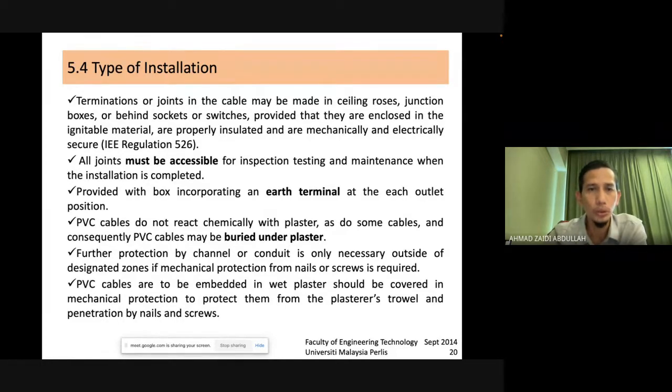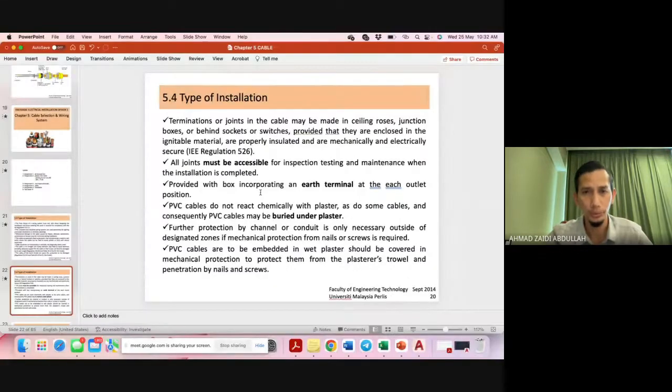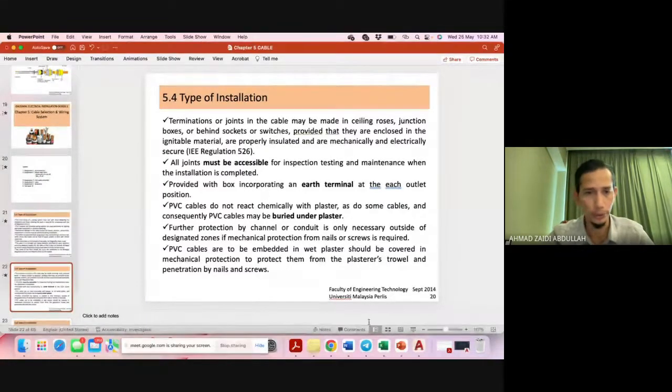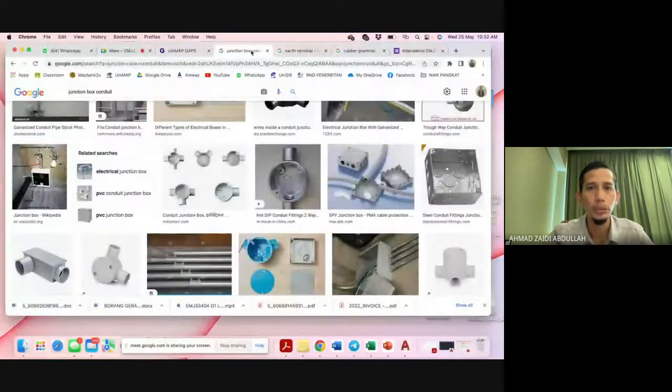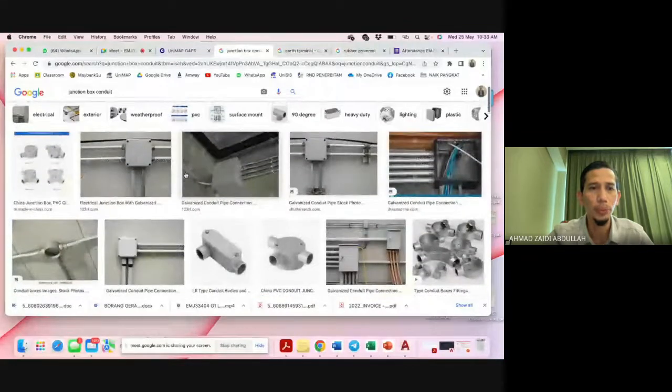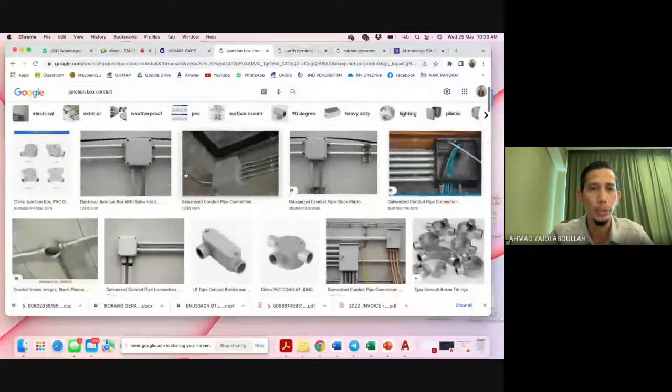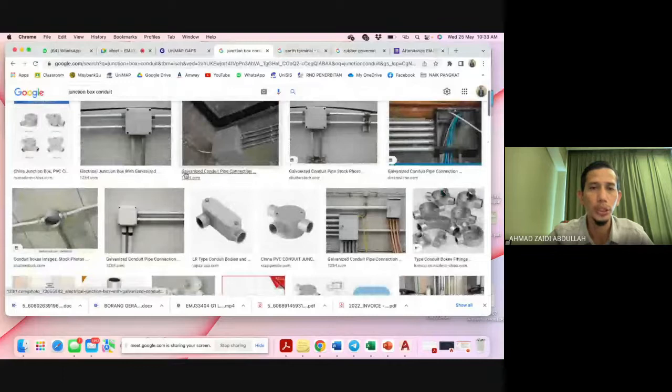And then all joint must be accessible for inspection test. So which is this one, all joint, which is let's say you now pula. Saya try buka kod ada picture. Okay, joint. Okay, if you can see from the figure, this sample of jointing box lah. Maksud dia kalau you ada buat jointing cable di tengah-tengah kan, ada bersambung.